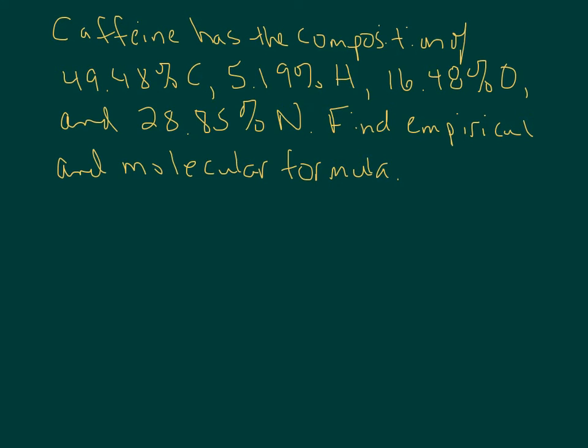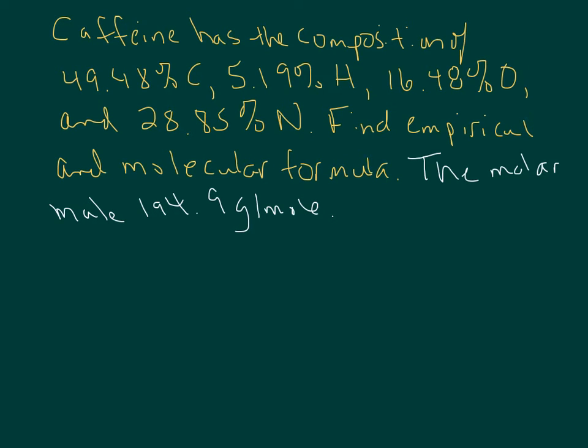And it says to find the empirical and molecular formula. Now, one additional thing we need is the formula mass or the molar mass. So the molar mass of caffeine in this problem is 194.9 grams per mole. We will need that at the very end.